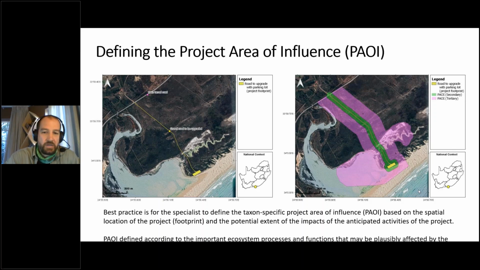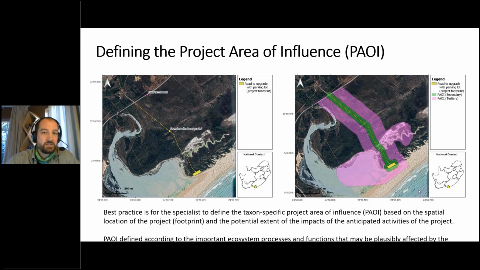However, it's very, very rare that impacts are actually confined to specific development footprints, and these usually extend well outside of the borders, and therefore it's quite important to define this area of influence, and it is actually a taxon-specific definition. So each taxon specialist, whether it be a botanist or a herpetologist, would need to define the project area of influence based on their understanding of the proposed activities and the influence on the receiving environment.